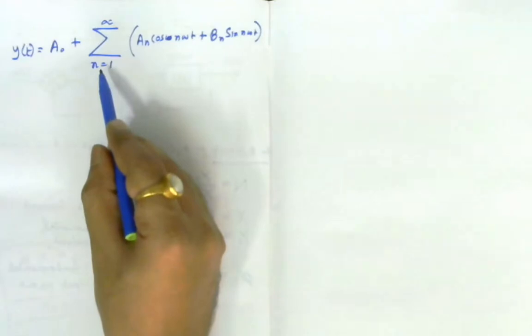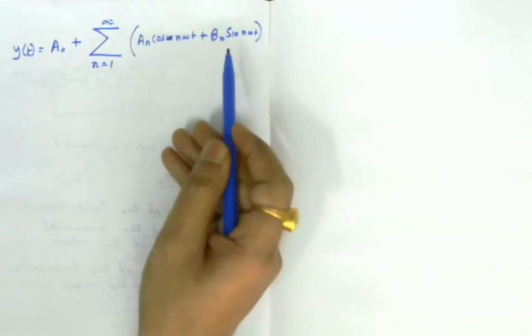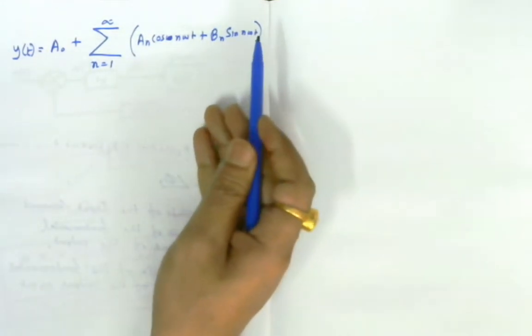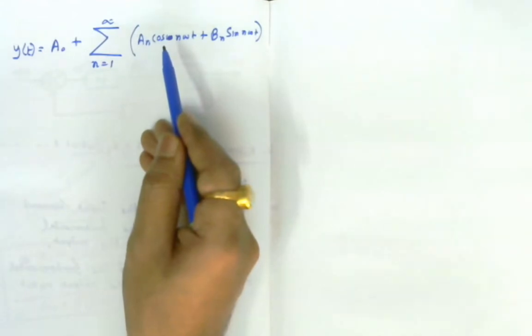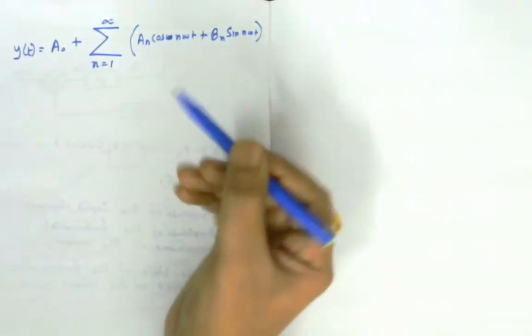Now n is the number of the harmonic component, like a1 cos omega t, b1 sin omega t, then a2 cos 2 omega t plus b2 sin 2 omega t plus a3 cos 3 omega t plus b3 sin 3 omega t, and so on.